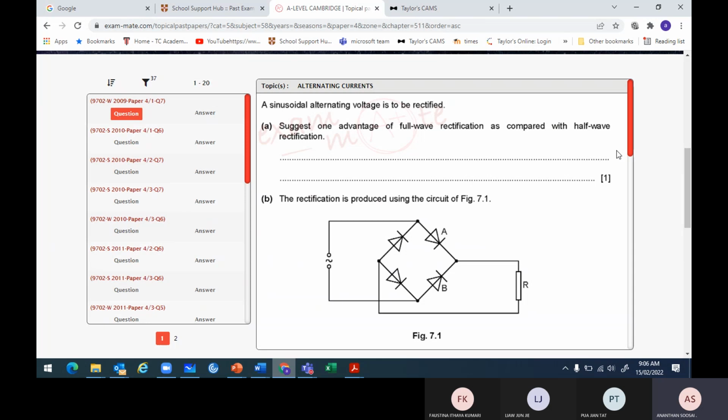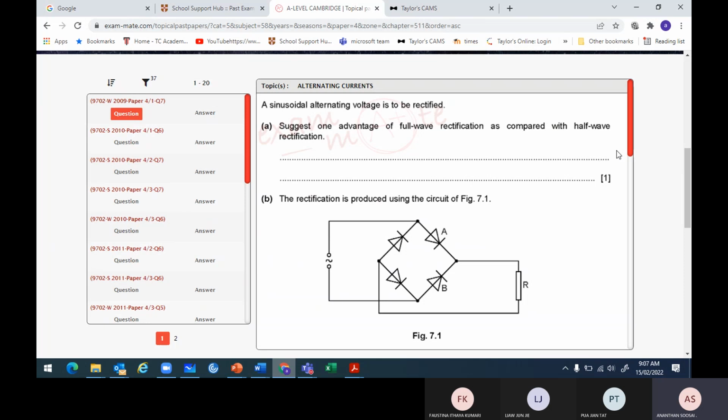More consistent voltage, therefore more power available for the load. So more power is available for the load because of consistent voltage. Actually, with half wave rectification, the first half supplies power, the second half gives no power to the load, and again you have power.